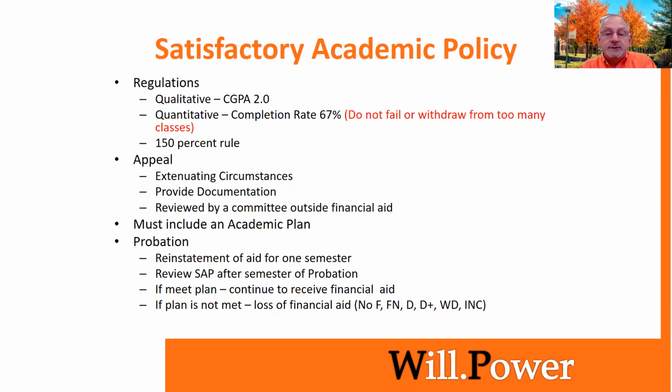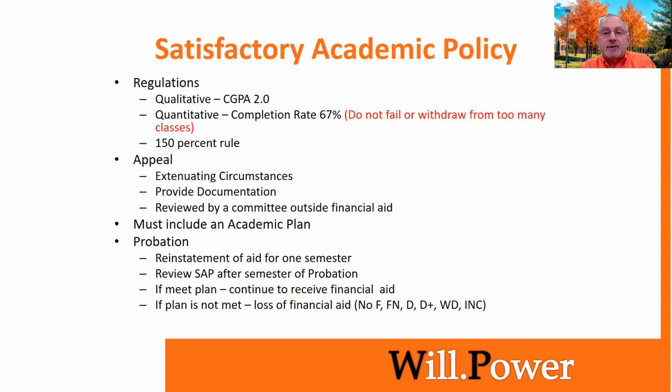You must include an academic plan. How are you going to do better? Will you be meeting with your advisor on a weekly basis? Will you be going to the Academic Success Center? If your appeal is approved, you'll be placed on probation, and your aid will be reinstated after 1 semester.